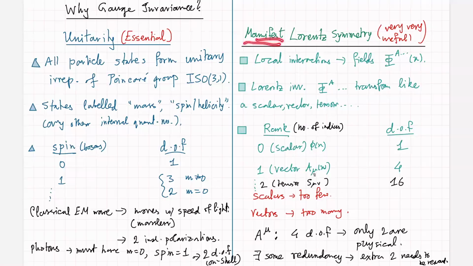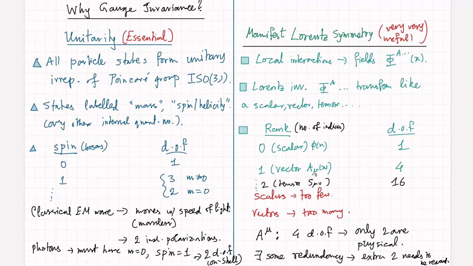If you don't want to keep manifest Lorentz symmetry, just work with the two polarizations. But then those two polarizations will be two arbitrary choices of vectors which will seem to depend on reference frames, and you will have to do very painstaking computations at each step to convince yourself that the answer is actually independent of the choice of reference frame.